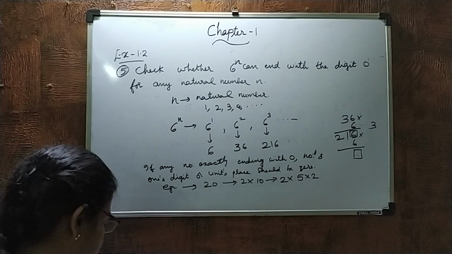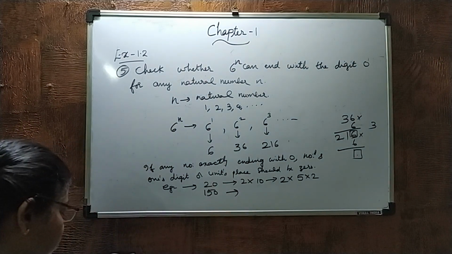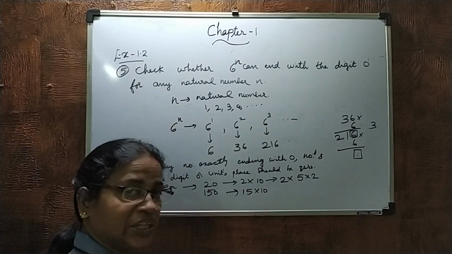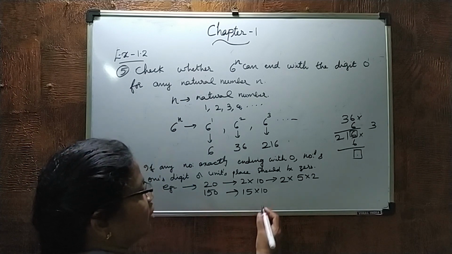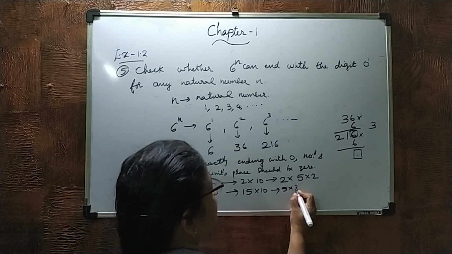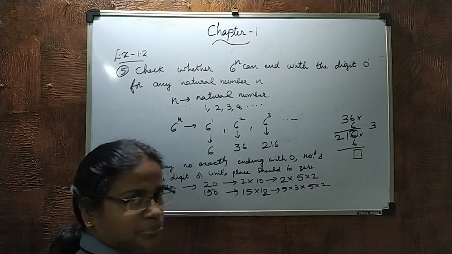Next, suppose 150 is taken. 150 can be written as 15 into 10. If you want, you can write 150 in another way too. Then 15 is 5 into 3 and 10 can be written as 5 into 2.